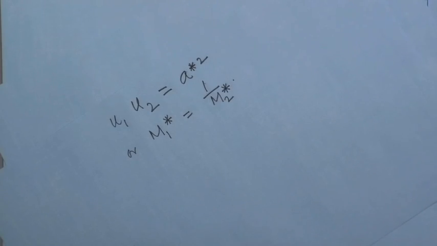The speed ratio at the two stations satisfies this reciprocal relationship, which clearly shows that if M1 star is greater than 1, then M2 star will be less than 1, and if M1 star is less than 1, M2 star will be greater than 1, and vice versa.